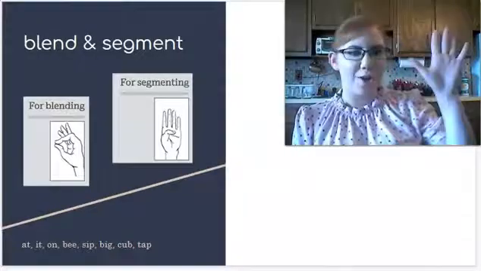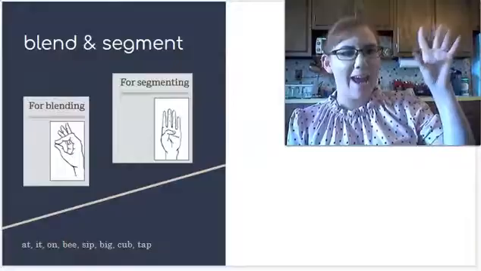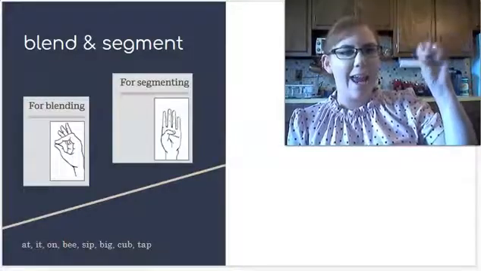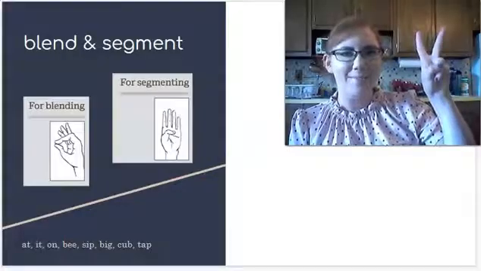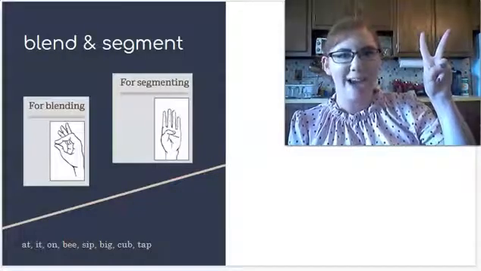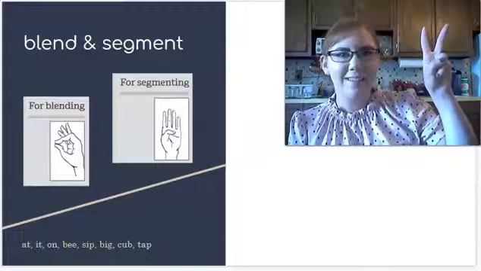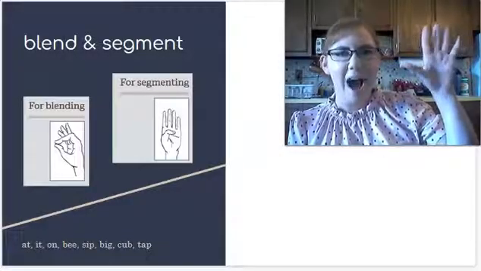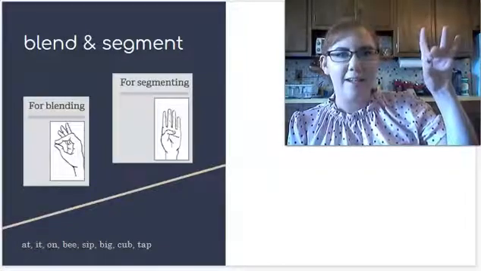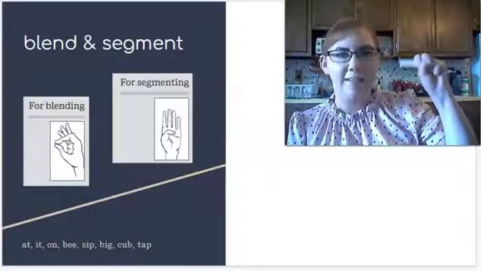Let's blend first. It. Put 2 fingers up for the word it. Now wiggle them as we say the sound. It. Next word, on.